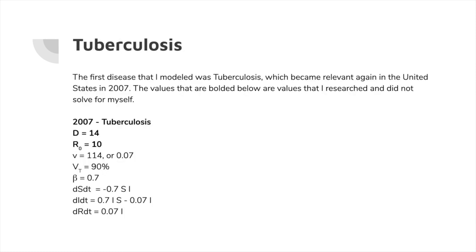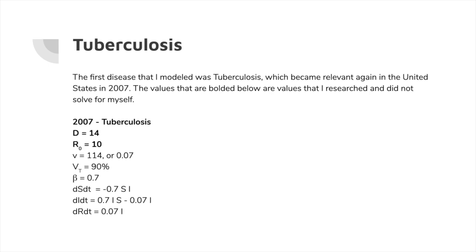So the first disease that I modeled was tuberculosis, which became relevant again in the United States in 2007. The values that are bolded below are values that I researched and didn't solve for myself. The duration of the infection for tuberculosis is approximately 14 days, and the number of people that an infected person can pass the infection to is 10.